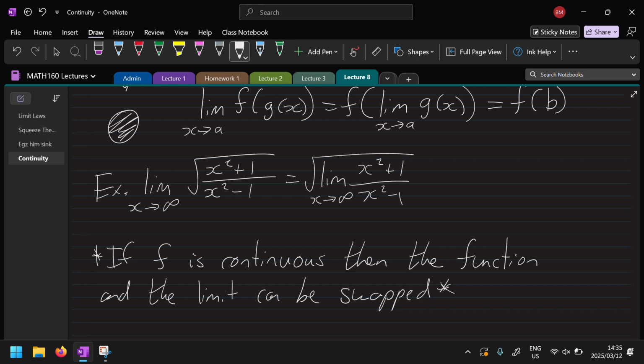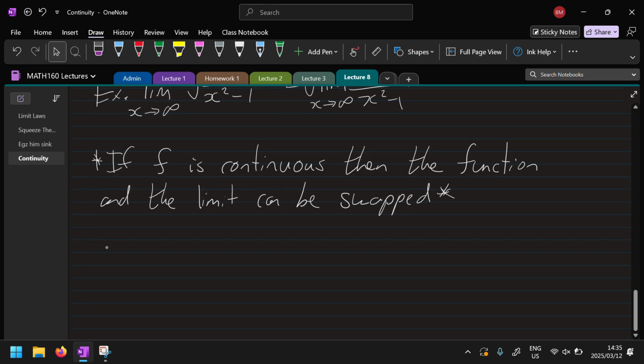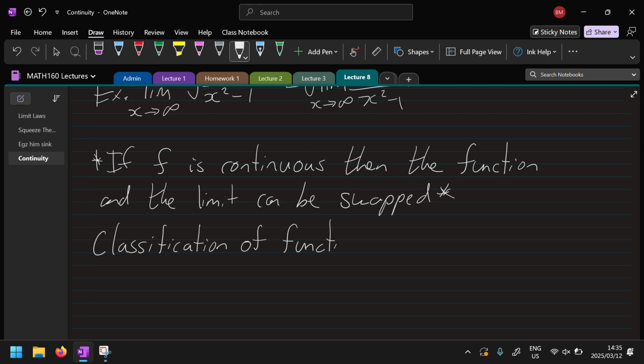And then the last thing for today, classification of functions. We'll do the first two bits of this, and then the remainder will come as we do derivatives.